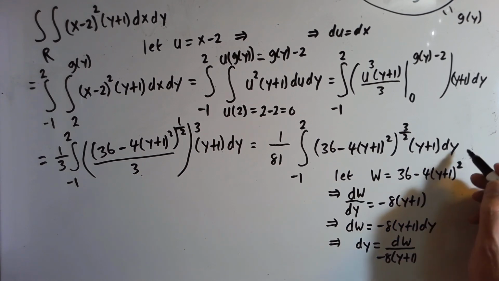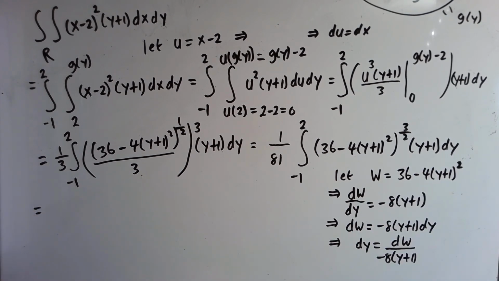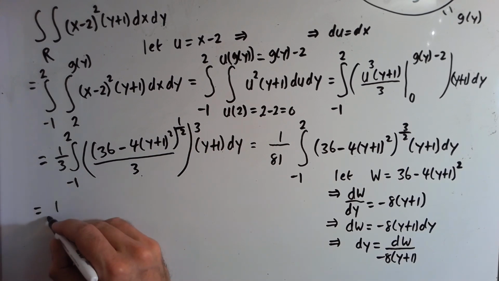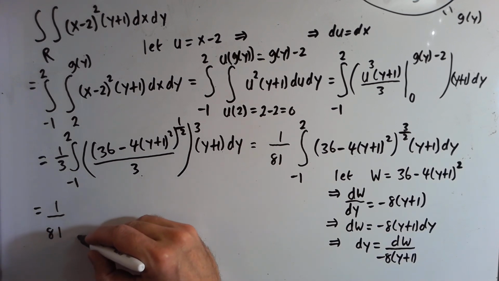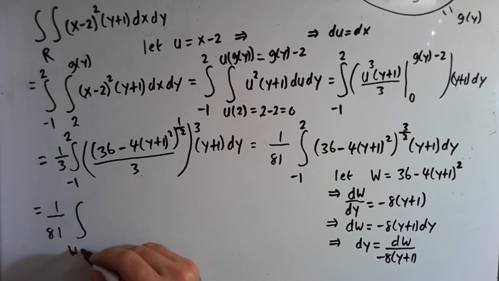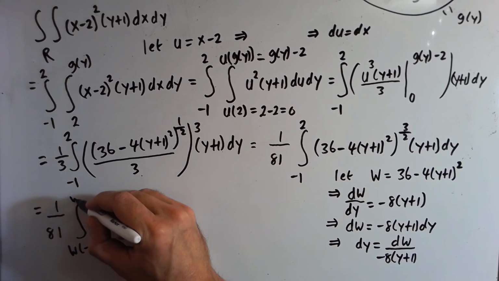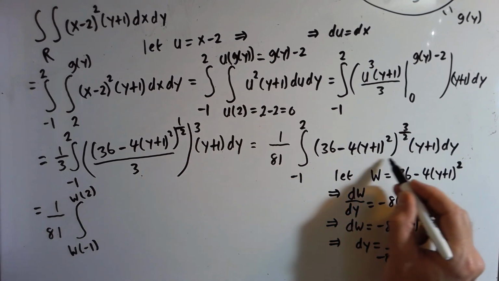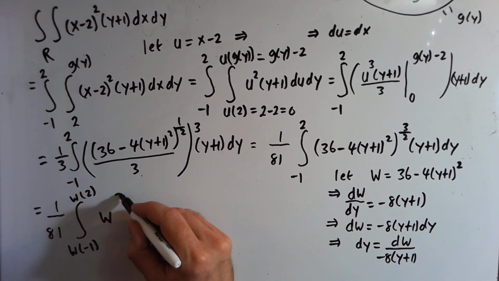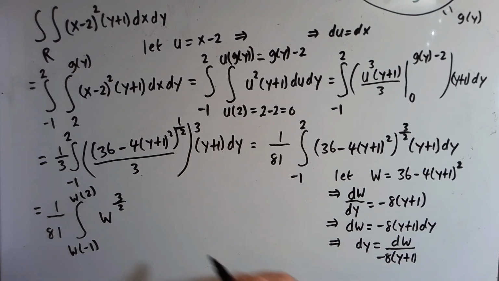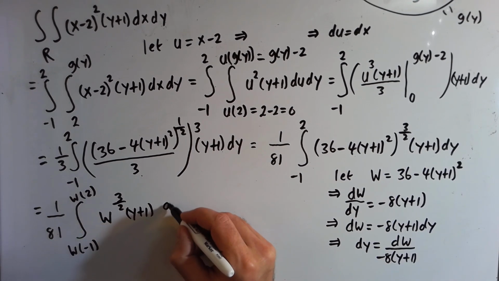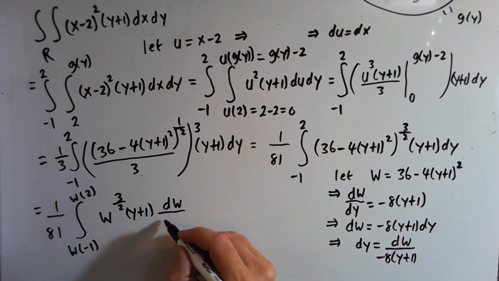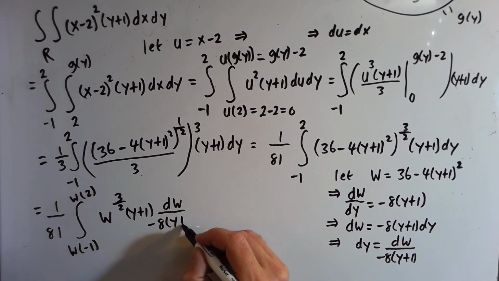Okay, so then we'll make that substitution over here, change to the w variable, so it'll be 1 over 81, that'll be integral, so it'll be w of minus 1, w of 2, then this guy here is w to the 3/2, that'll be (y plus 1) times dy, but dy now is dw over negative 8(y plus 1).